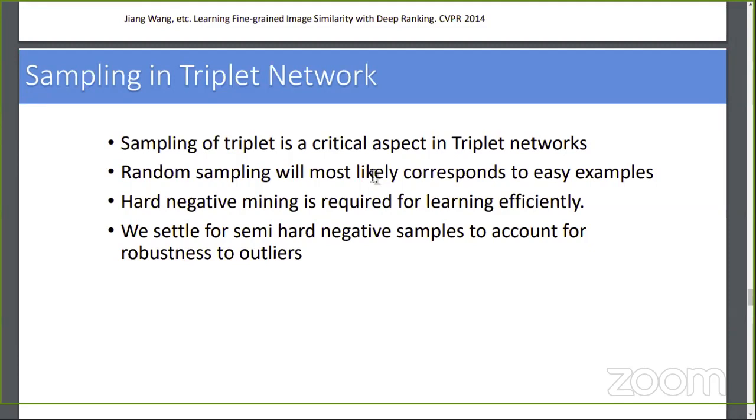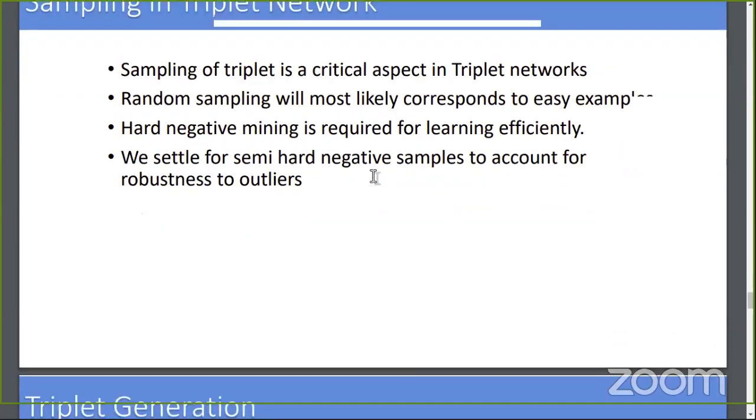If I select a positive that is very near and the negative case is very far away, then our system will automatically detect that, and in a way the network won't learn anything. So we need to provide certain examples that are very hard. In case of positive, we usually say that if something is similar, so let me explain with this diagram.